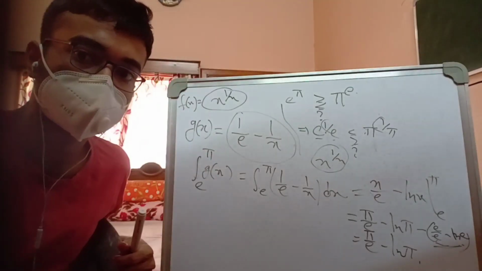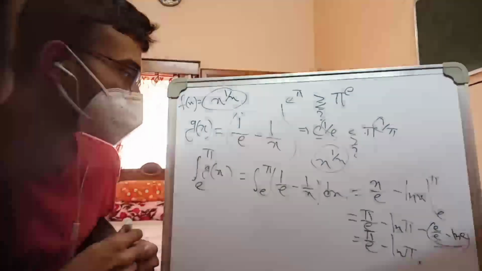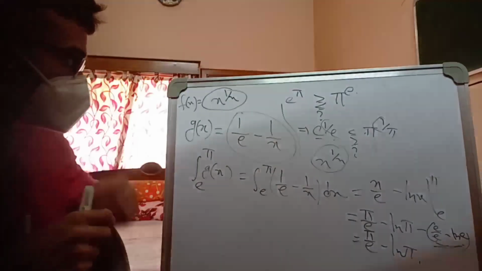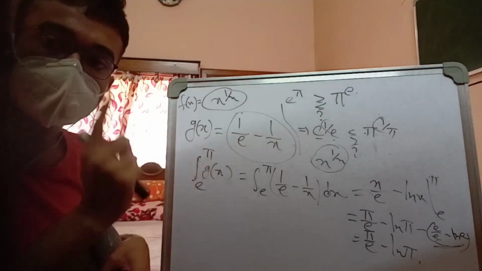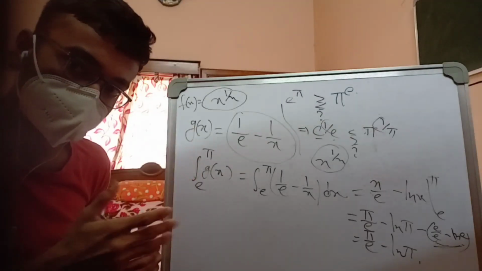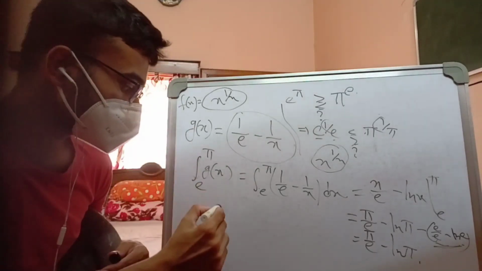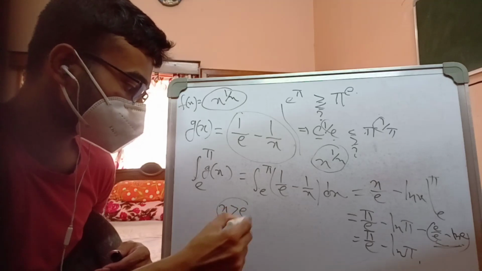But now the one thing which is really wonderful here is that you can find whether your function g of x is positive or negative when x is greater than e.